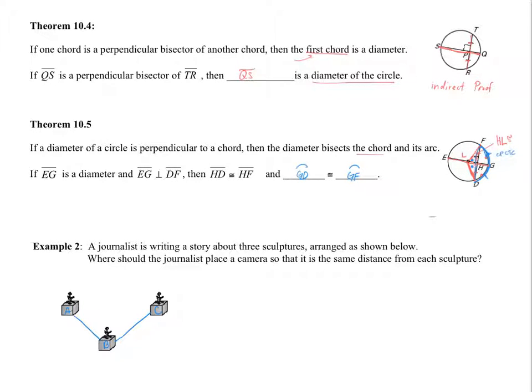Then I'm going to draw the perpendicular bisector of segment AB and the perpendicular bisector of segment BC. And by theorem 10.4, these would be the diameters of the circle containing A, B, and C.